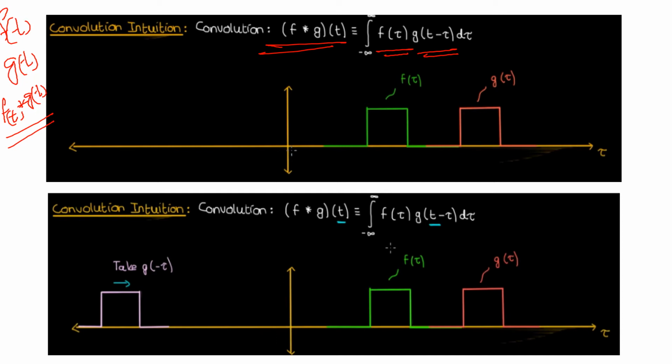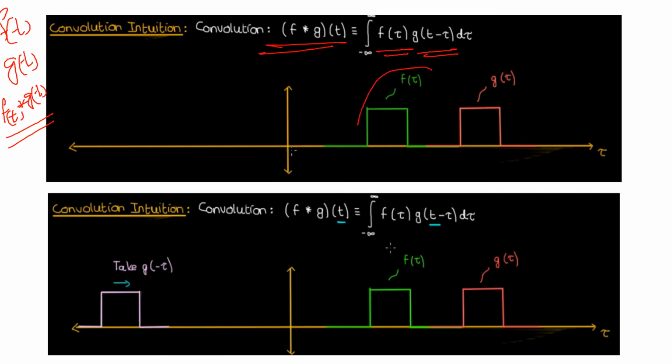Now, let us see how this works. For that, you can consider two functions. One is function f of t. For simplicity of understanding, let us consider a box function. I think the box function is an easier one to understand the basic meaning of convolution. So consider one box function f of t. You can see a box function here.